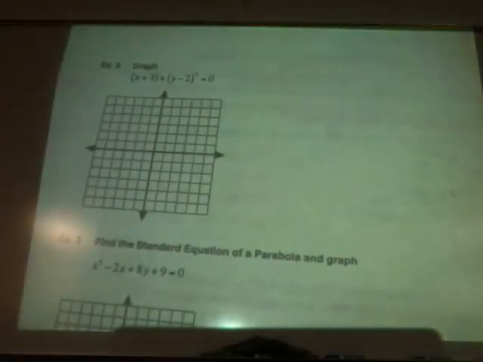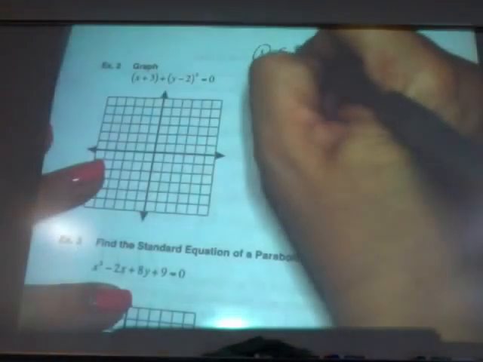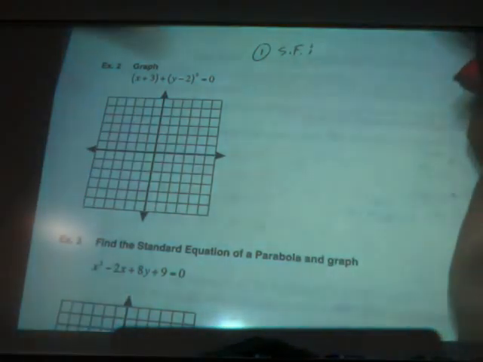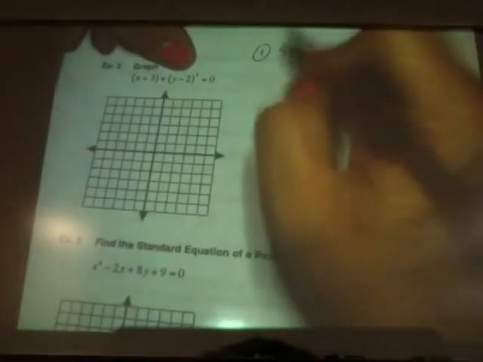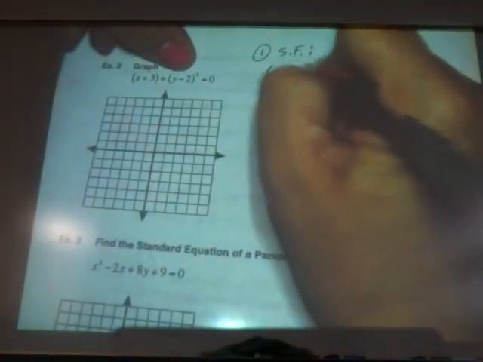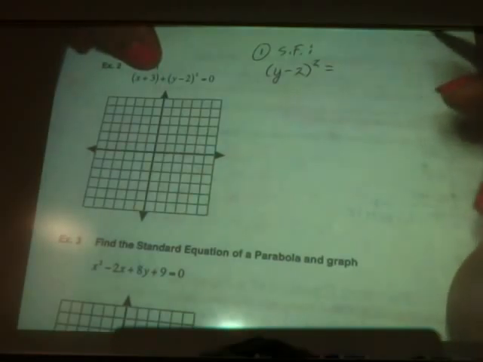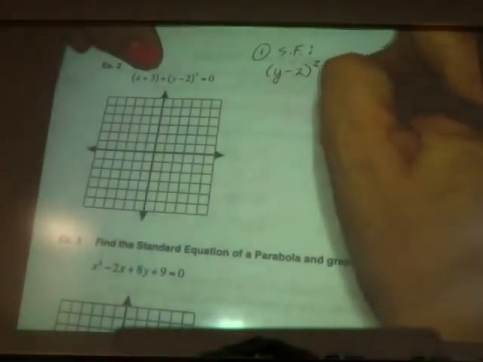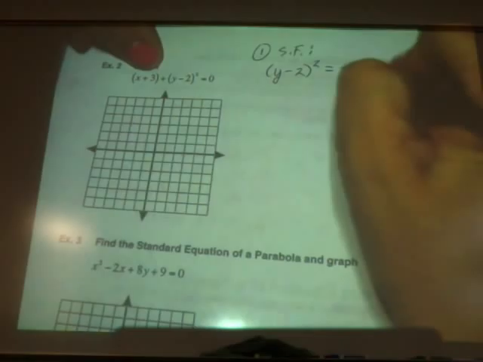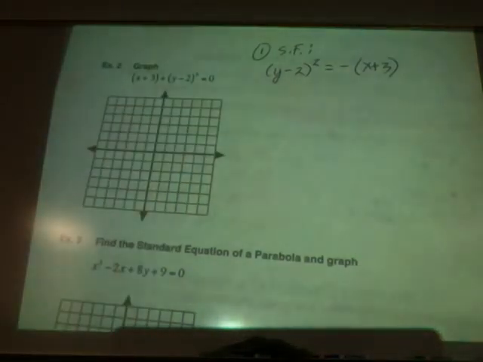All right, so number one, are we in standard form? All right, so standard form. Take your squared term, which is this one right here, and you want it on the left. So I'm going to keep the y minus 2 squared on the left. How do I move x plus 3? You subtract it. It's a big thing to subtract, but we subtract it. So don't I end up with a negative x plus 3 on the right? Technically, what's in front of those parentheses?